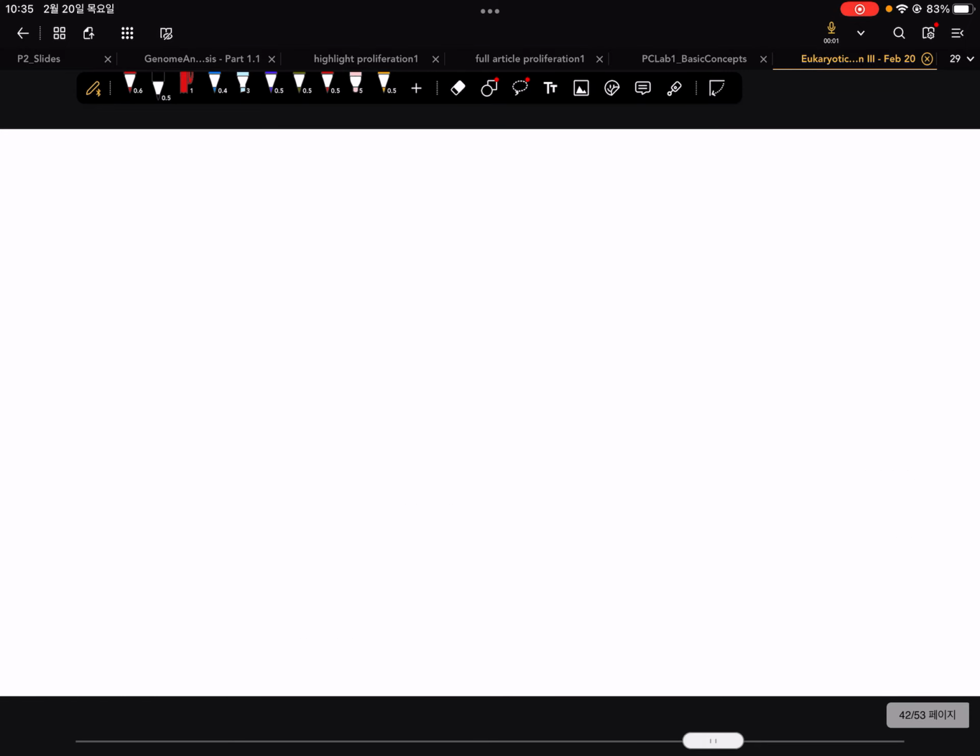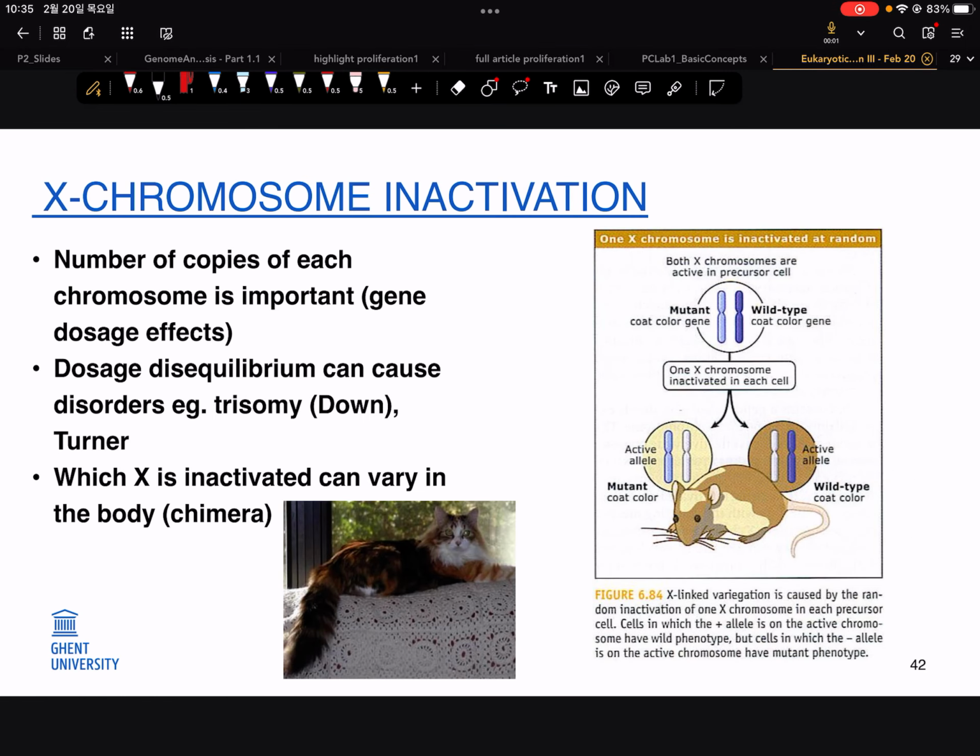And why is that? Why does one of those X chromosomes get inactivated? Well, we see that the number of copies of each chromosome is very important. So you probably all know Down syndrome, where there are 3 chromosomes 21, and that leads to problems with normal development because of gene dosage effects. It's really important that you have the correct number of genes so that you have a normal development.